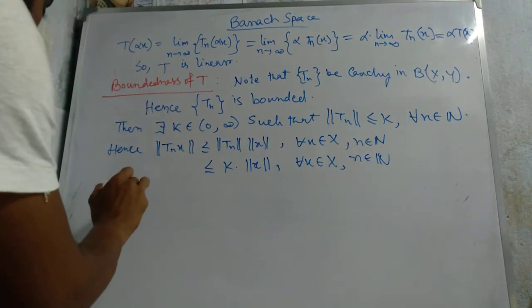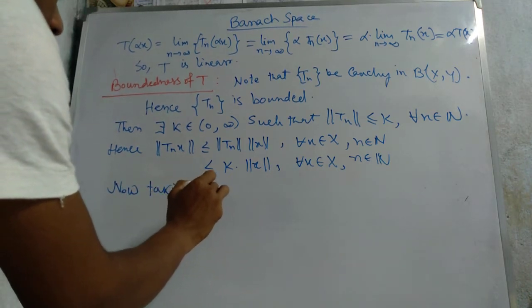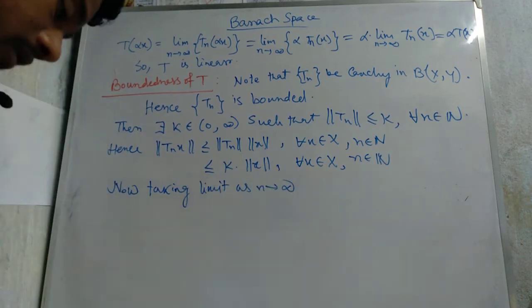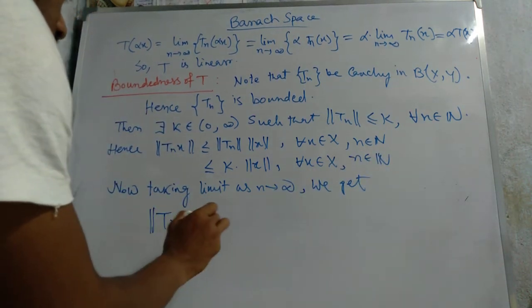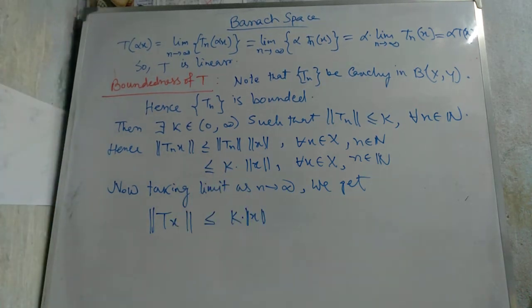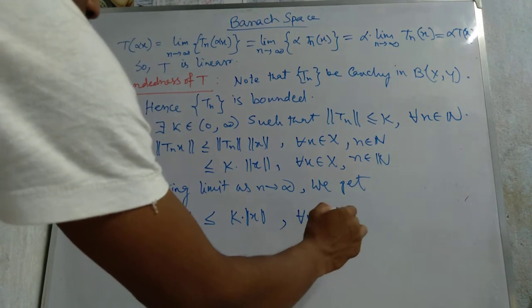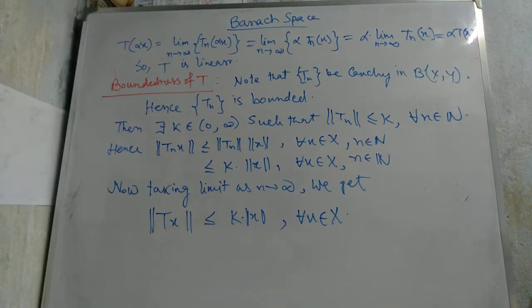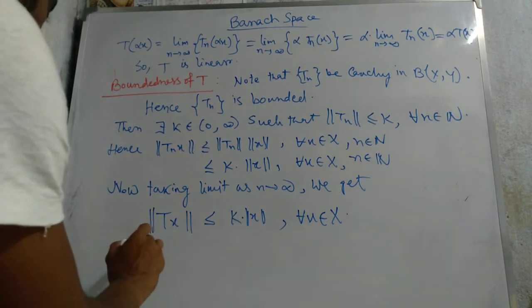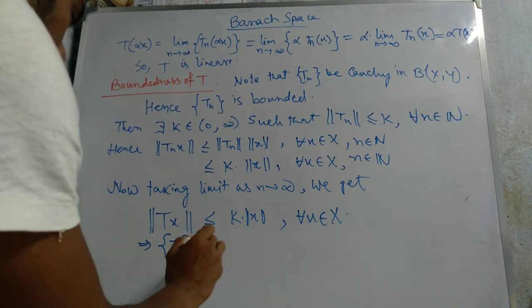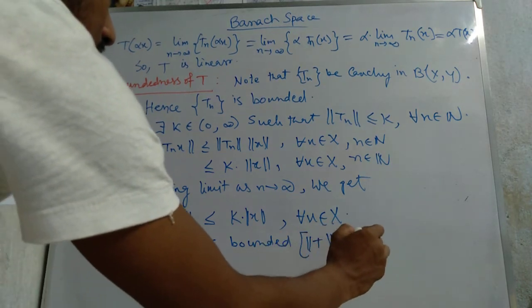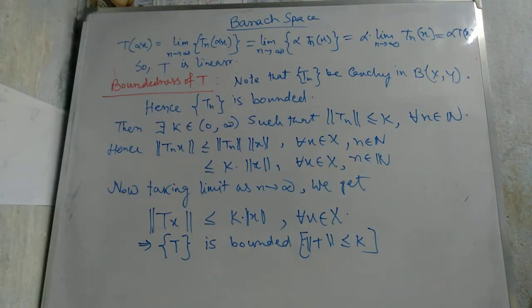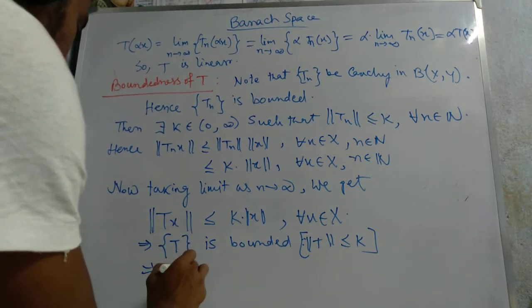Now taking the limit as n tends to infinity, we get the norm of Tx less than or equal to K times the norm of x for all x belongs to X. Then we show that T is bounded, since the norm of T is less than or equal to K. So this implies that T belongs to B(X,Y).